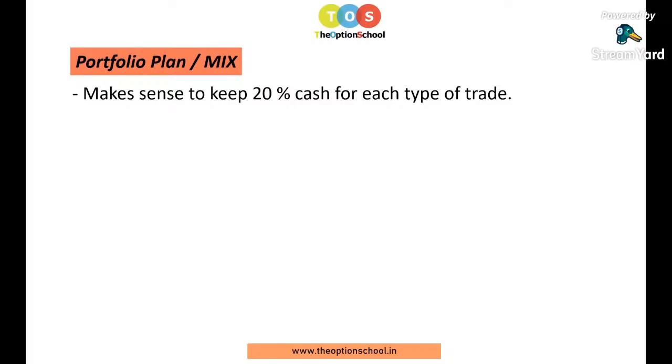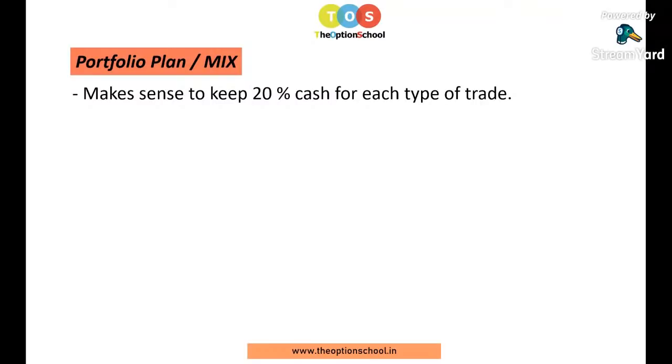Even if I've shown you the 100% allocation, that also means that some money is kept in most of the trades for doing adjustments or for taking care of some M2M. Generally, your passive income strategies do not give you M2M, so in those trades you can keep less than 20%. Your medium term strategies, because they are 45 days to 30 days, sometimes do require some M2M, because if implied volatility increases, most of them are short Vega strategies, right?